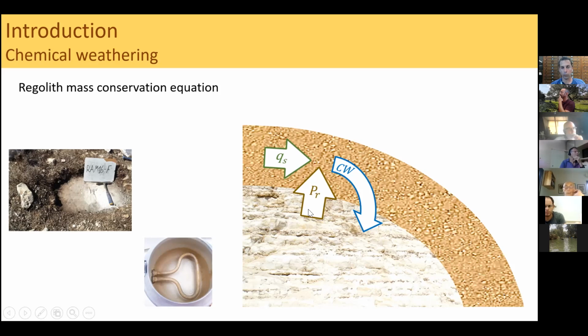Okay, so it is an assumption in the classical model that all the rock that is weathered is converted to soil. So this assumption doesn't work when you have chemical weathering. So we add this factor of chemical weathering into our mass conservation equation.